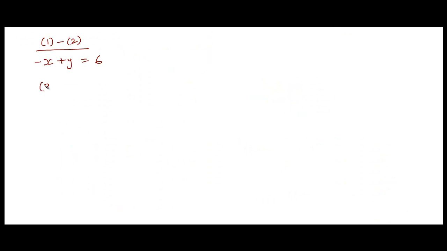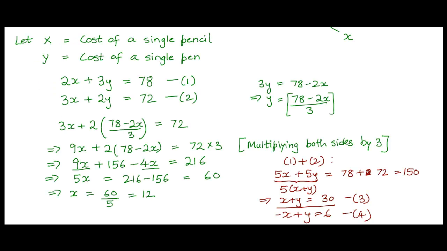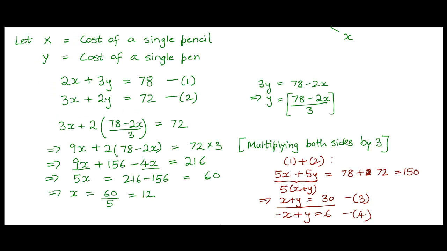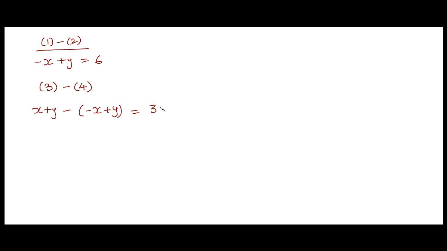If you subtract the fourth equation from the third, on the right hand side we have 30 minus 6, which is 24.